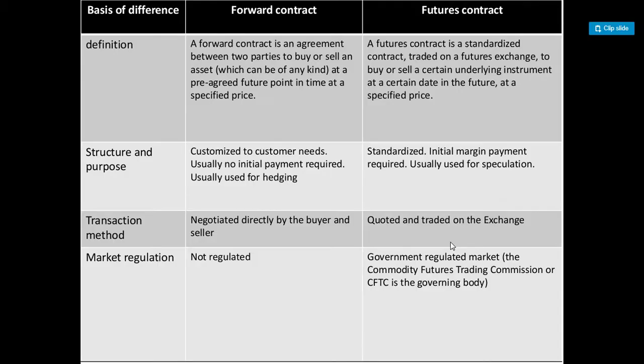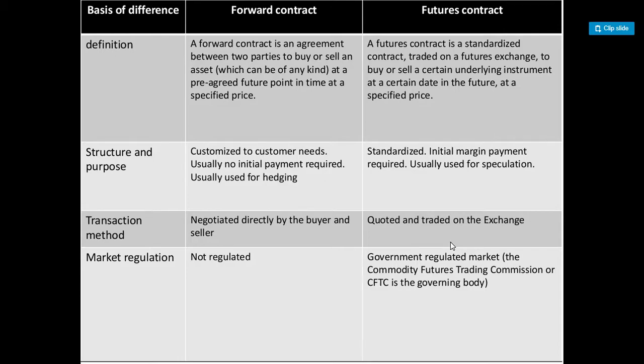This is also similar, but a forward contract is a contract between only two parties, whereas a future contract is a standardized contract traded on exchanges, where parties are willing to buy and sell commodities like gold, silver, rice, onion, or anything, either a financial asset or a commodity asset.